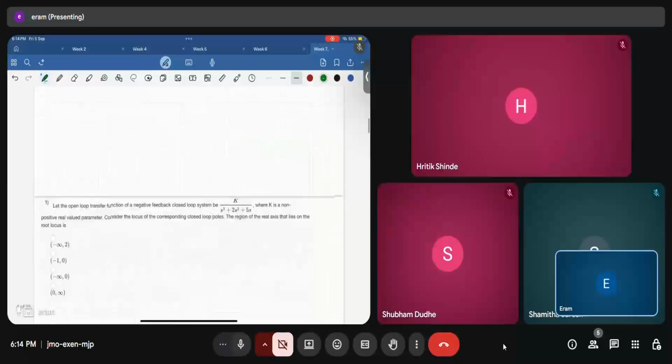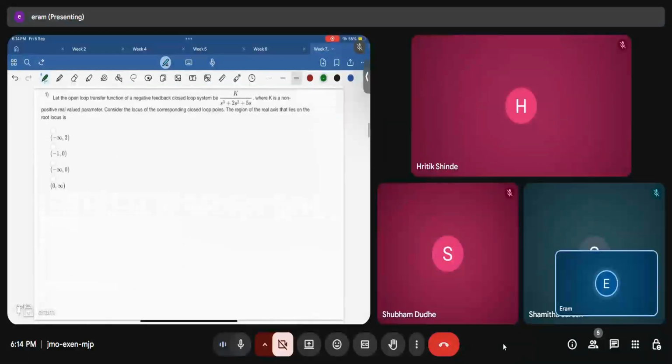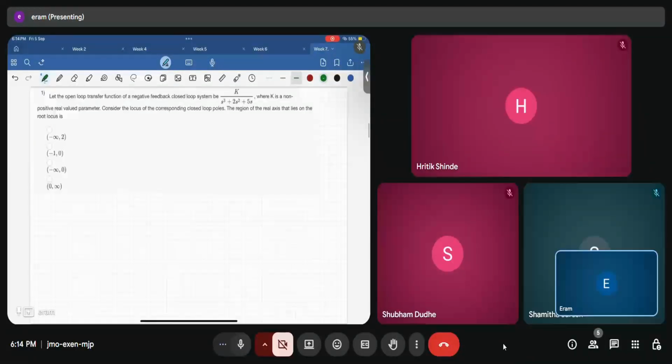Okay, so similar to that we have another question where there is an open loop transfer function of a negative feedback closed system. So here the feedback is given which is negative, that is good, and it is given as k divided by s cube plus 2s square plus 5s.